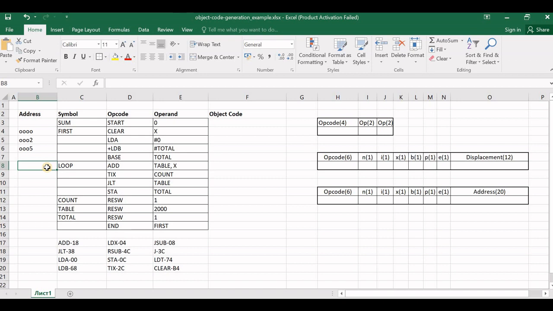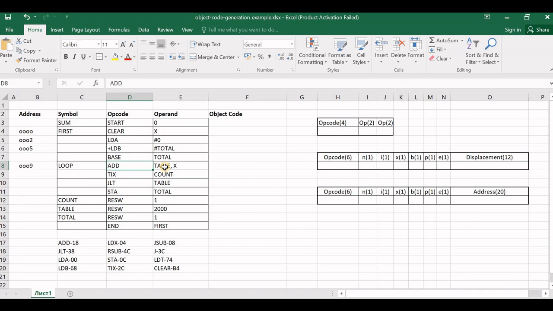This instruction is going to start from address 0009. Now check how many bytes this instruction is going to take. Is it in format 1? No, because it has an opcode as well as 2 operands. Now check if it is in format 2.